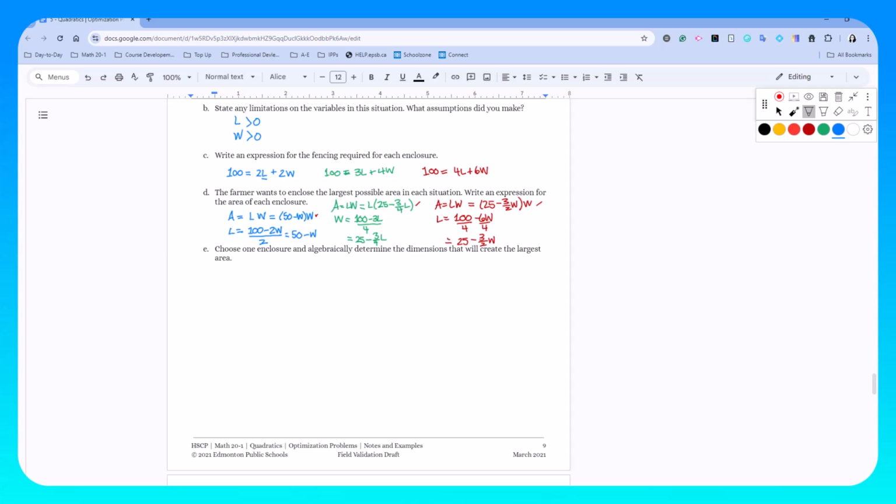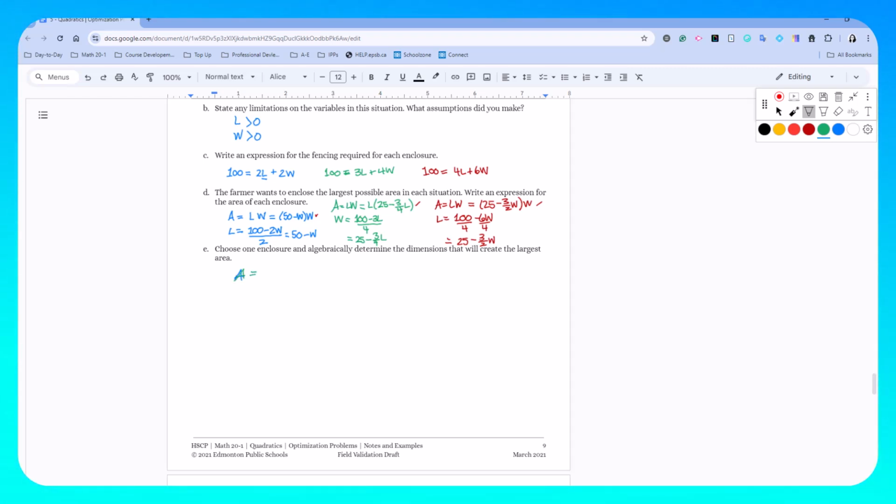So let's solve this thing. Now it says to pick one of the three. Let's pick the middle one right there. Now we already have this lovely little equation. Now let's do it in green because it's the green one.